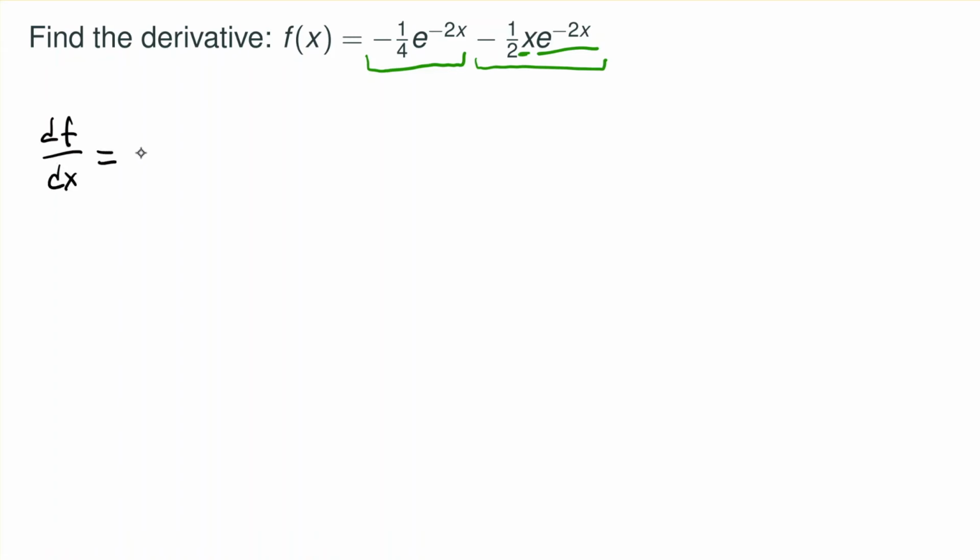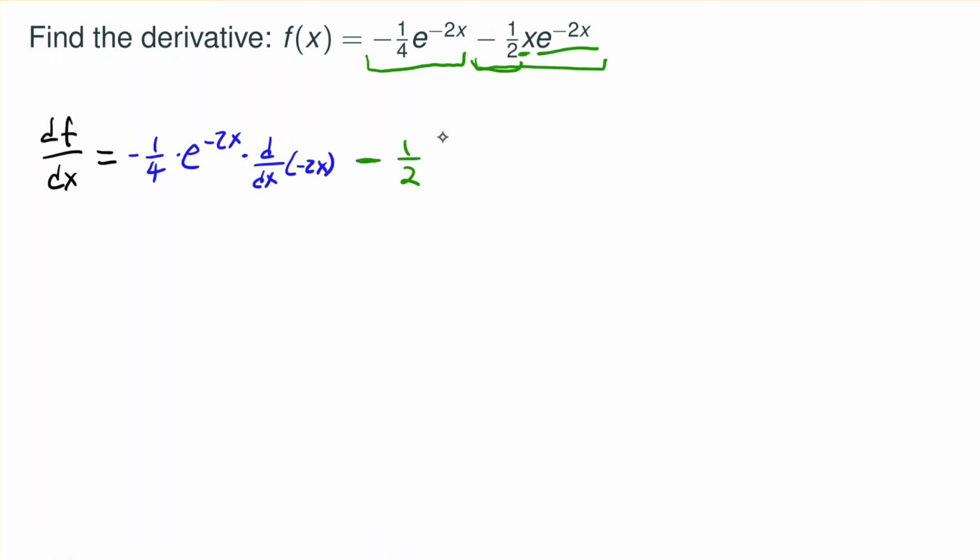So negative 1 over 4 is just a constant, so we can multiply negative 1 over 4. And derivative of e to the negative 2x is first just e to the negative 2x multiplied by derivative of the argument, which is negative 2x. Minus, let's give it minus 1 over 2.